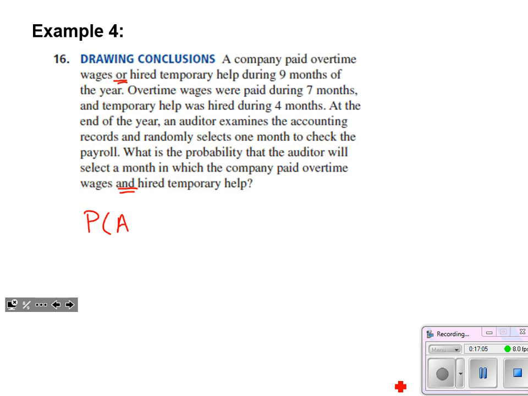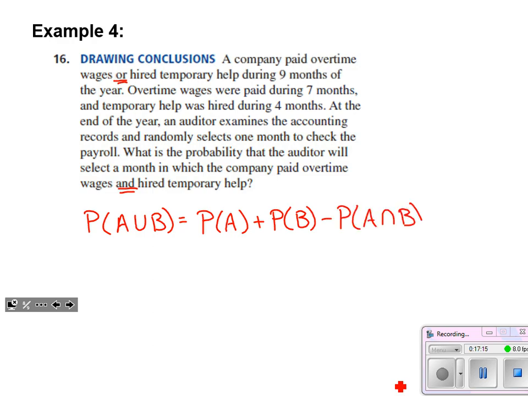Probability of A or B is equal to probability of A plus probability of B minus the probability of A and B. And the nice thing about just starting with this formula is that it incorporates both the or and the and into one equation. So we can work with both of those at once, which is really nice because we do have or and and both given in the prompt.